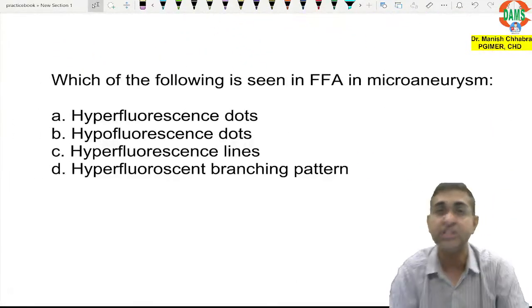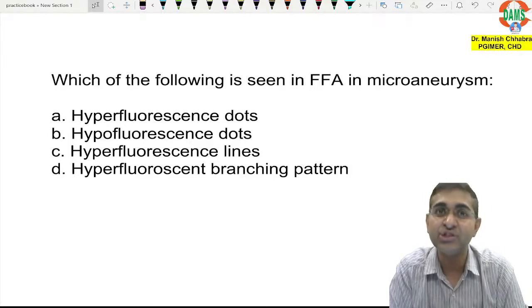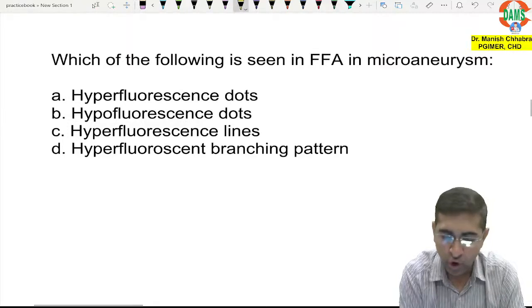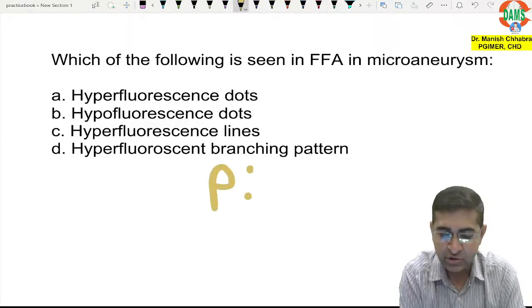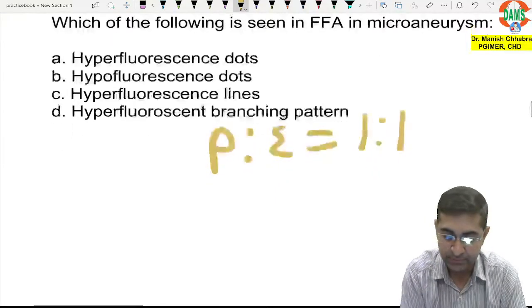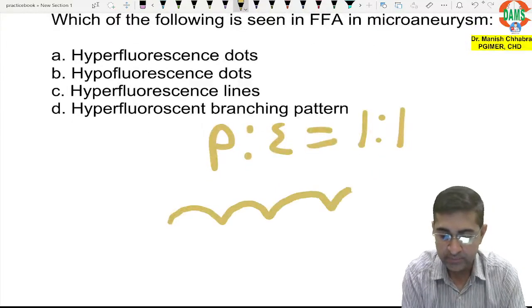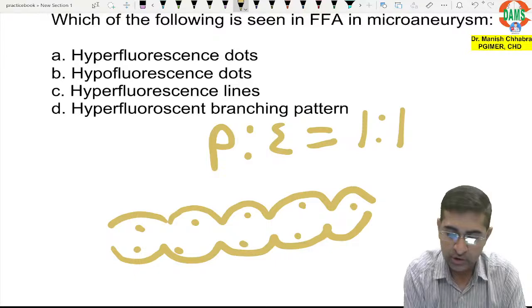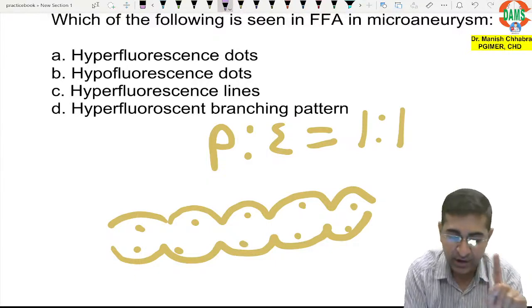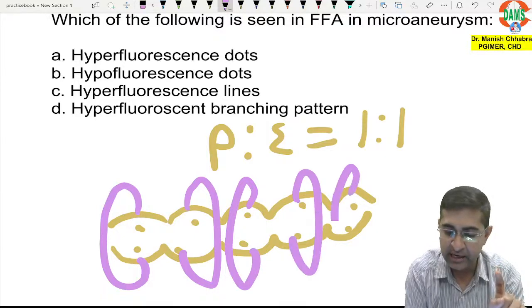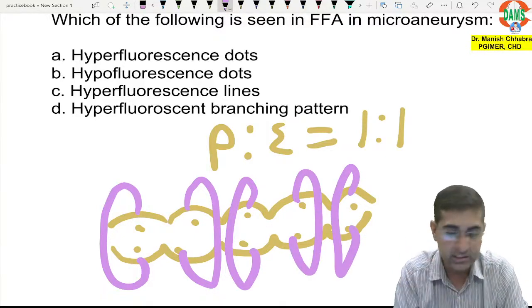Which of the following is seen in fundus fluorescein angiography in microaneurysms? Now what happens is, the normal pericyte to endothelium ratio in the retina is 1:1. That means each endothelium is surrounded by one pericyte, such that the P/E ratio is 1:1.